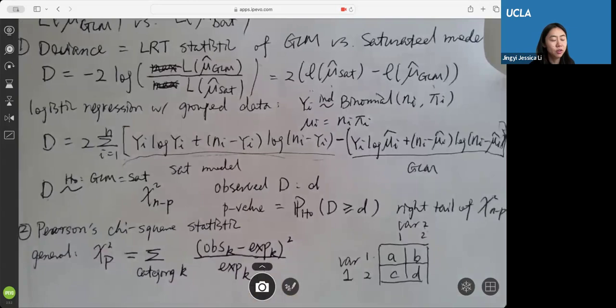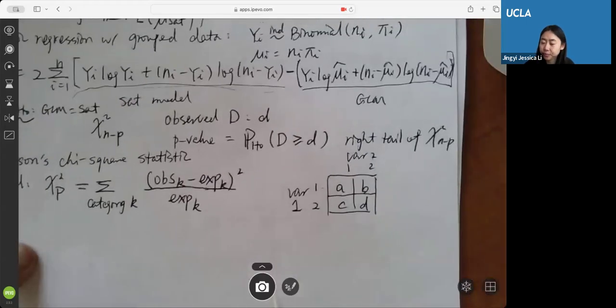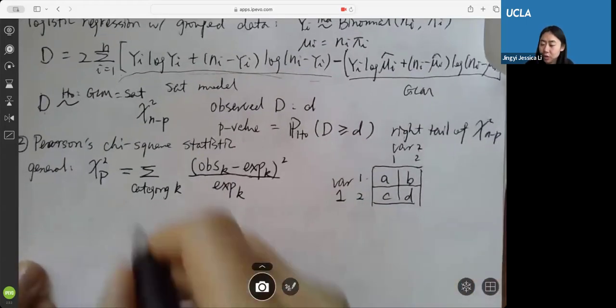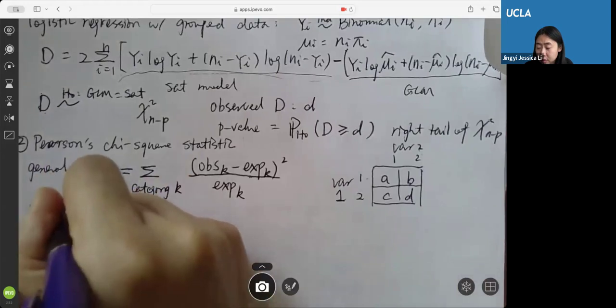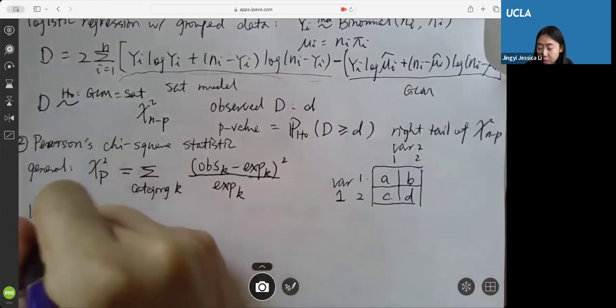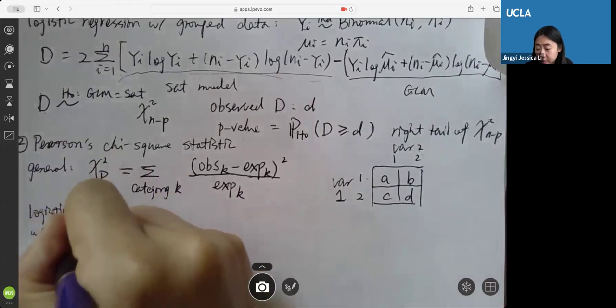And furthermore, don't forget that for group i, we also have the other category. That is, we have the number of ones and the number of zeros. So Ni minus Yi is the number of zeros in group i. So together, we apply that to the group data, like logistic regression with group data.